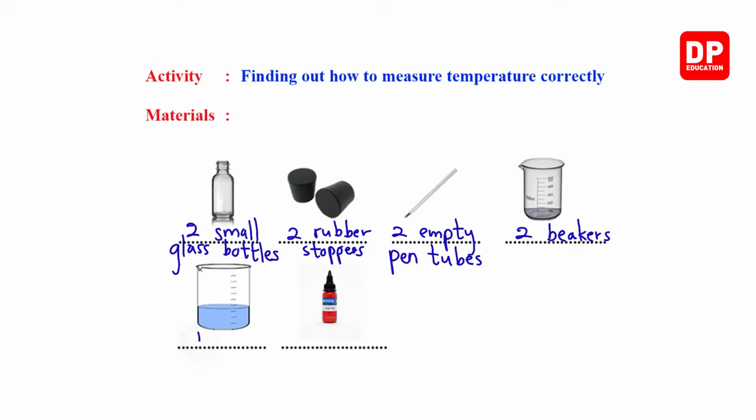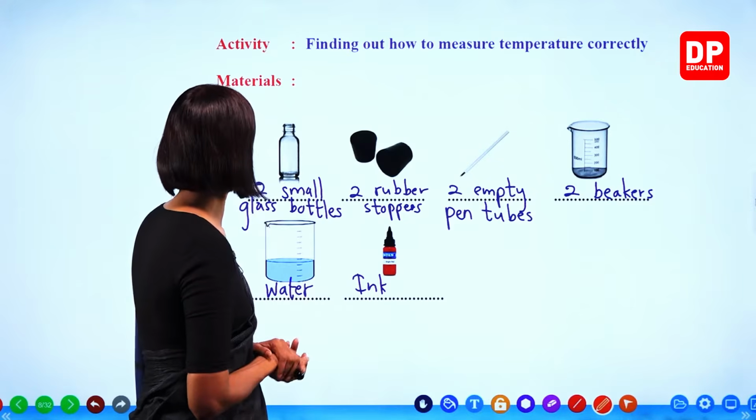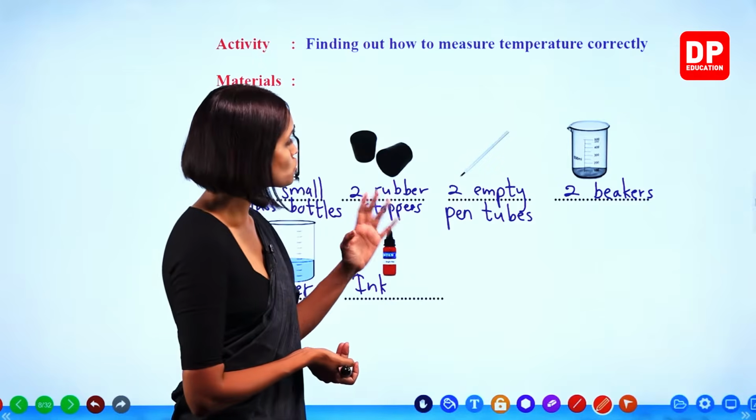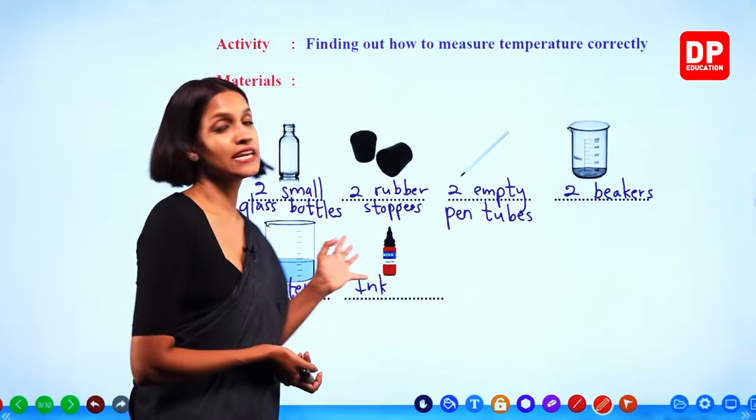And we need water and ink. You can use just any color. 2 small glass bottles, 2 rubber stoppers, 2 empty pen tubes, 2 beakers, water, ink.